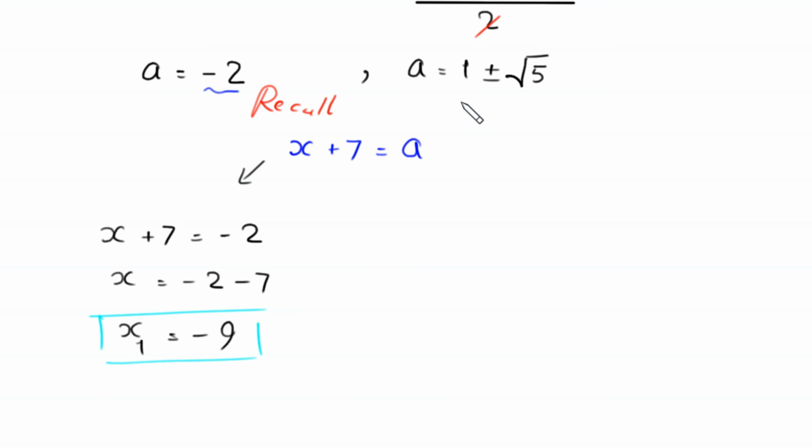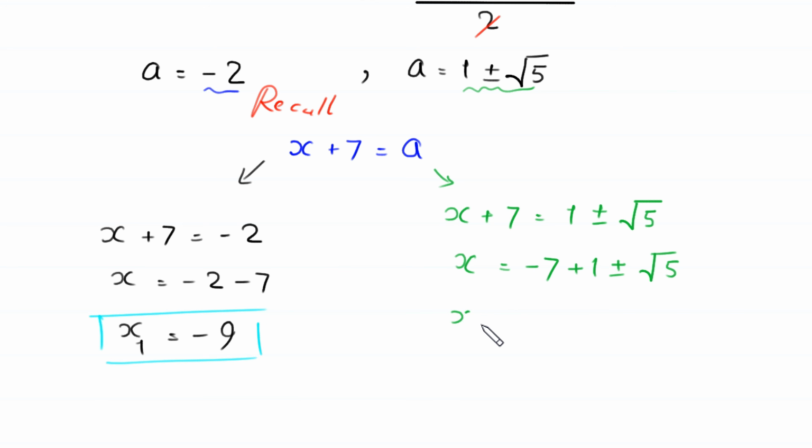Now when a is equal to 1 plus minus root 5, then this equation will become x plus 7 is equal to 1 plus minus root 5, and x will be equal to negative 7 plus 1 plus minus root 5, and x is equal to negative 6 plus minus root 5.